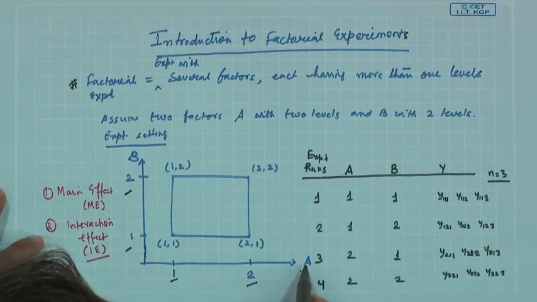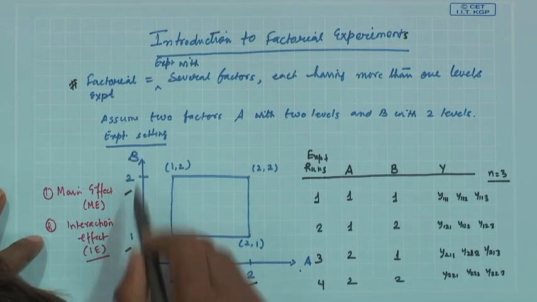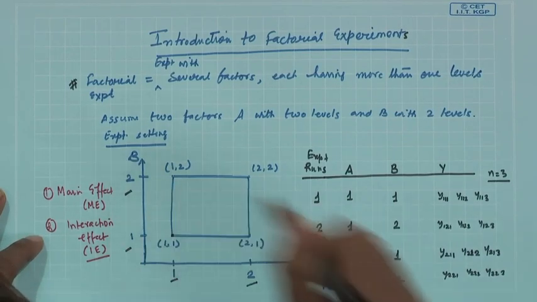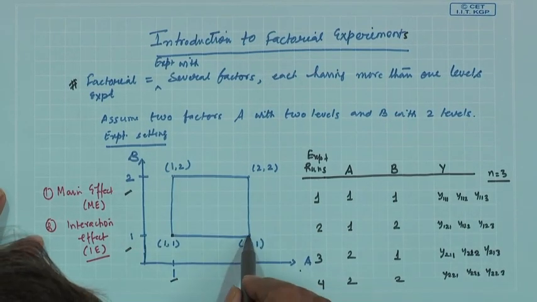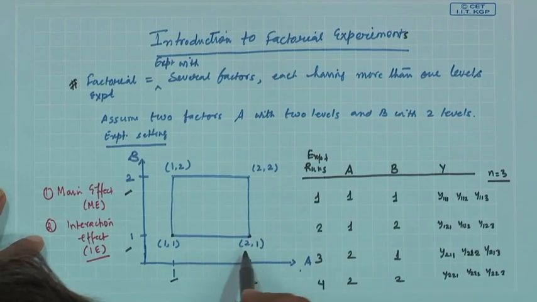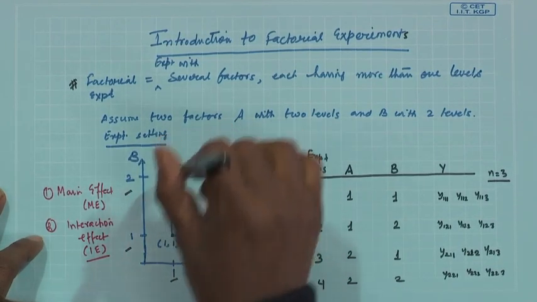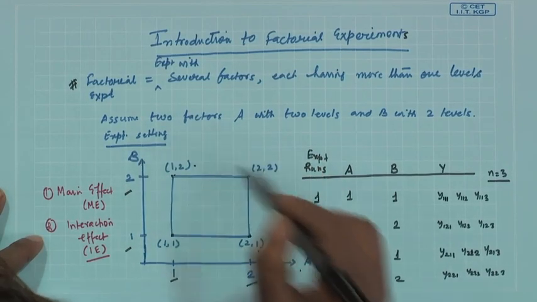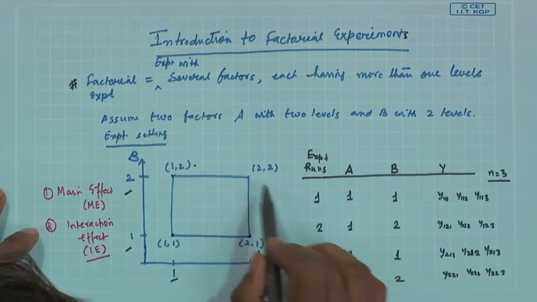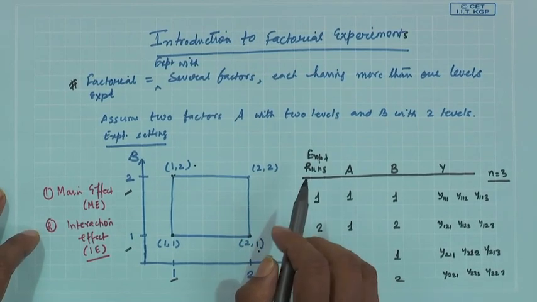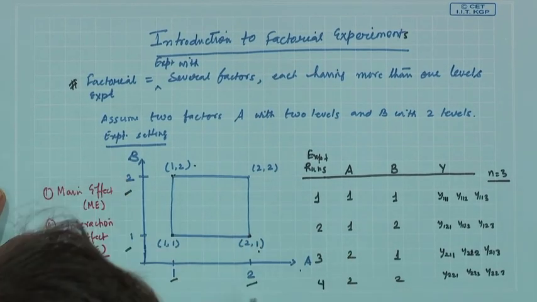One is when factor A is at level 1 and B at level 1, that is 1 1. Factor A at level 2 and B at level 1, that is 2 1. Factor A at level 1 and B at level 2, that is 1 2. And then factor A and B both at level 2, that is 2 2.